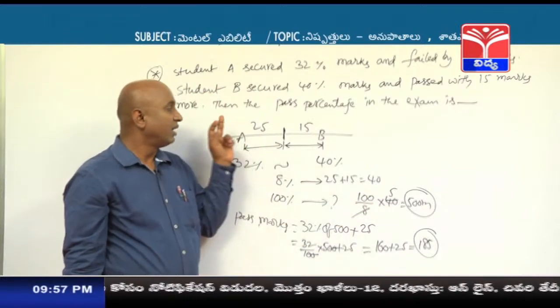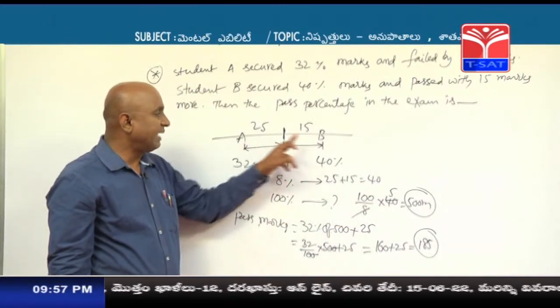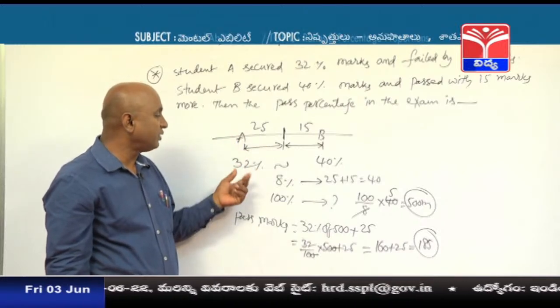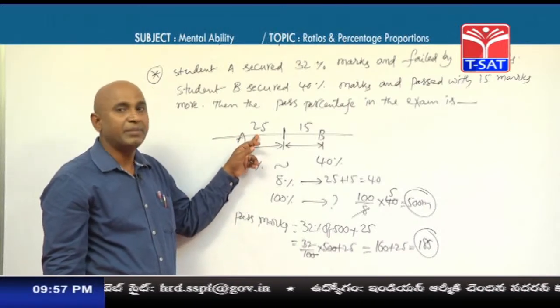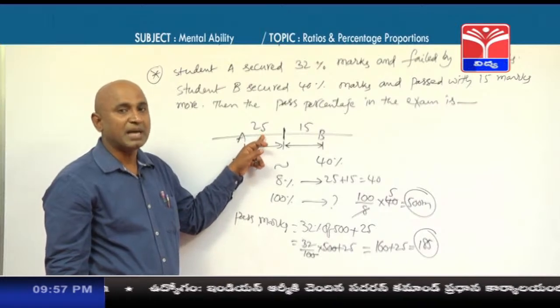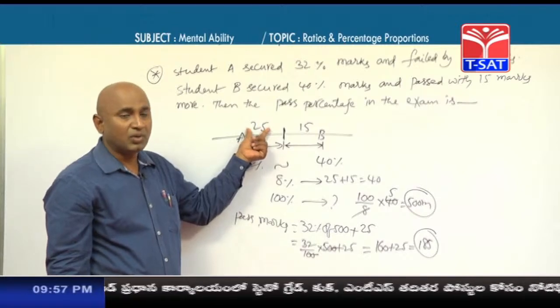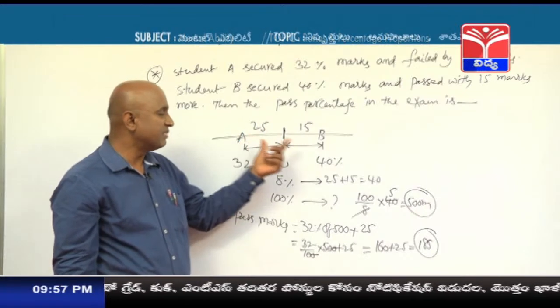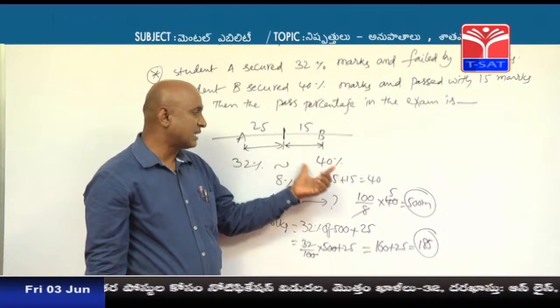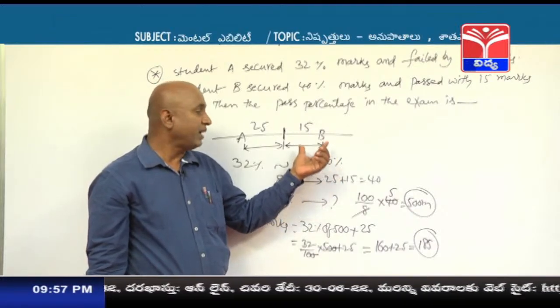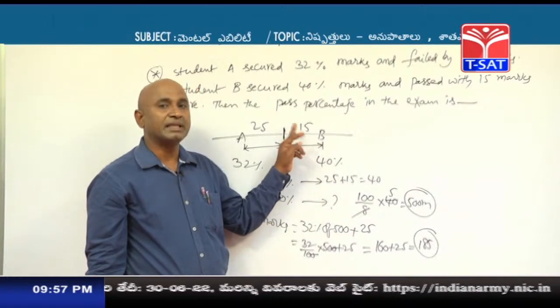See the value? In an exam, A and B got the marks like this. A got 32% marks and failed by 25 marks. If he got 25 marks more, then he would also have passed. Similarly, B passed the exam and secured 40% marks, and B got 15 marks more than the pass marks.